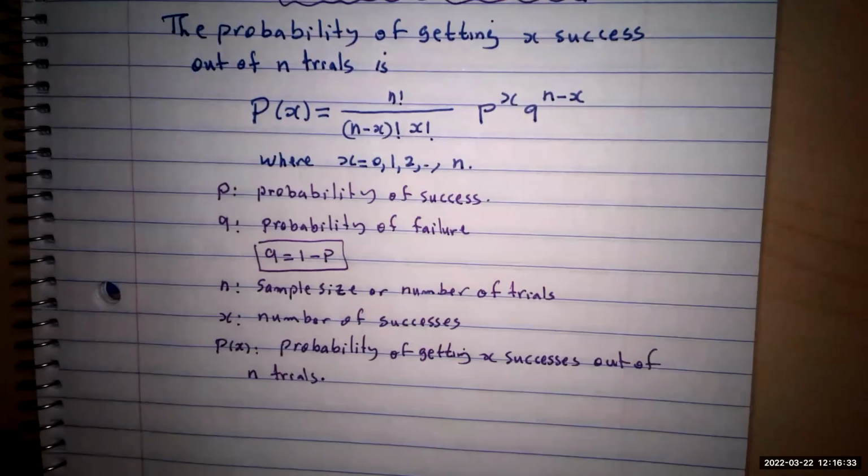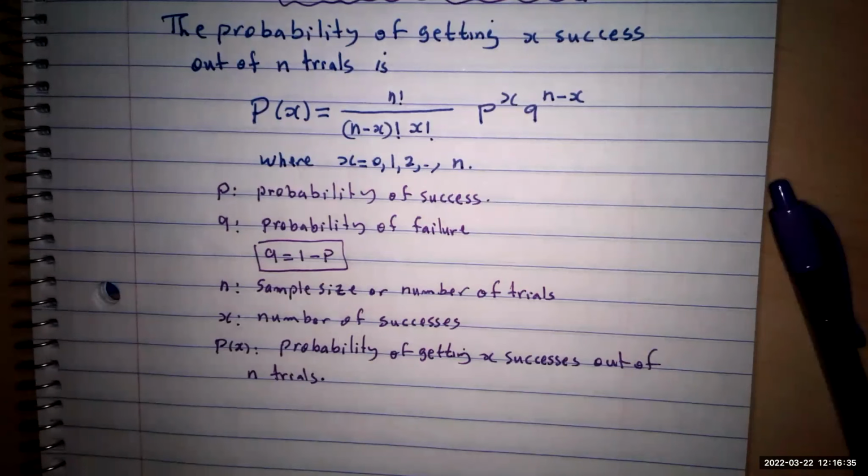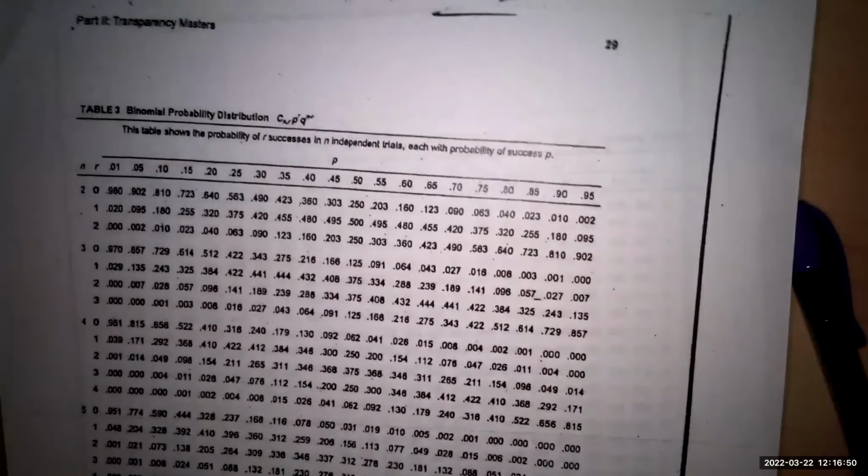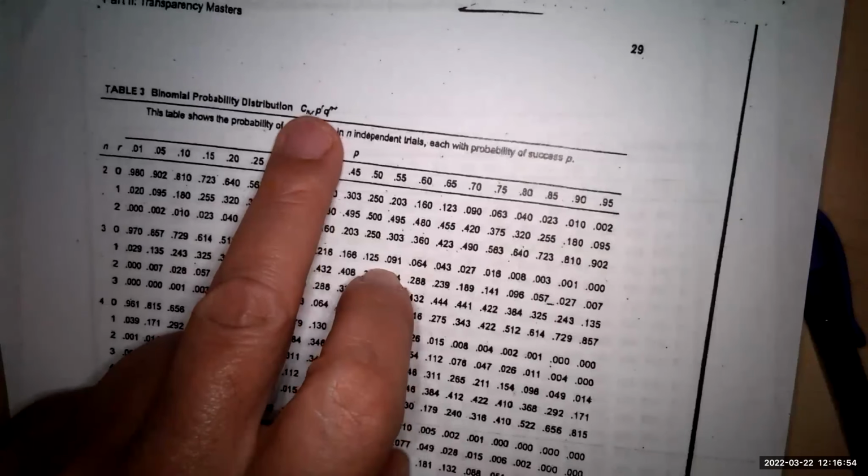I don't have time to give you examples, but I'm going to give you examples. It's a very easy operation. Check this table that I posted for you. These are the ones that we're going to use. This is the formula in short form.